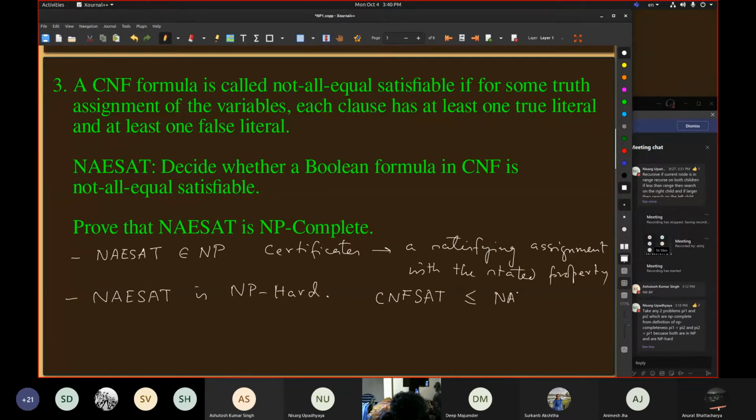Anyway, I will take a formula phi, create another formula phi hat, such that phi is in the conjunctive normal form, phi hat is also in the conjunctive normal form, and this phi is satisfiable if and only if phi hat is not all equal satisfiable. So both phi and phi hat should be CNF formulas.